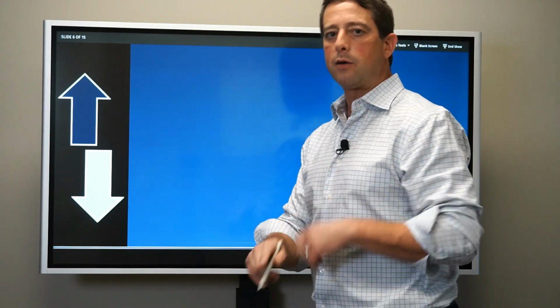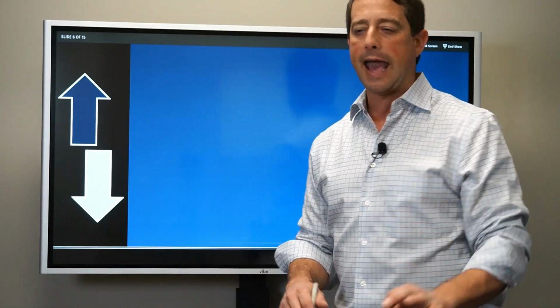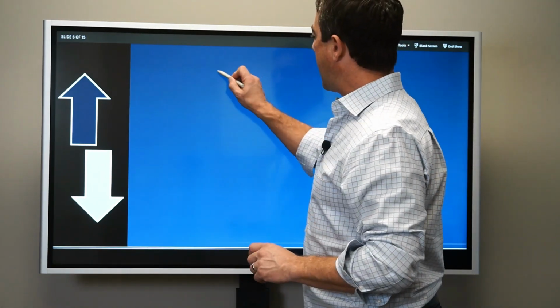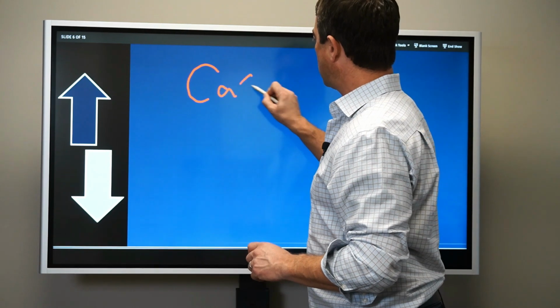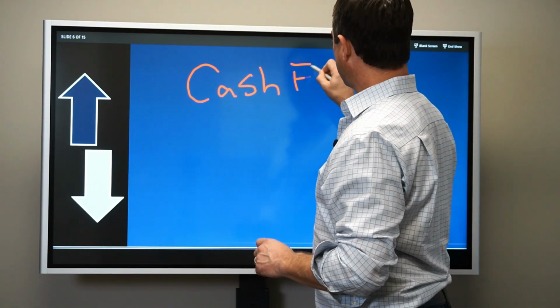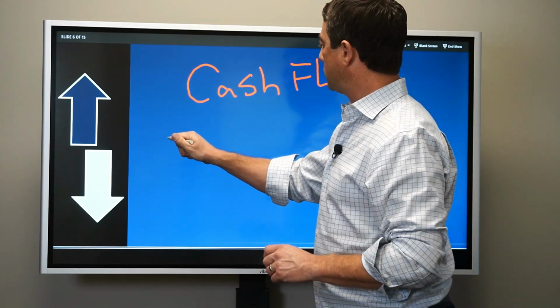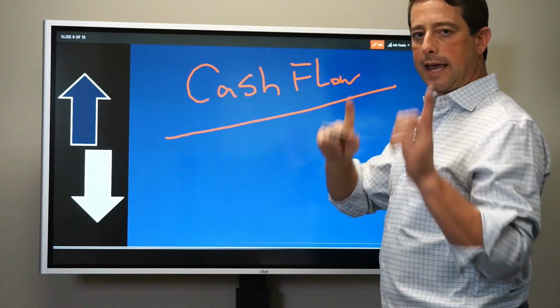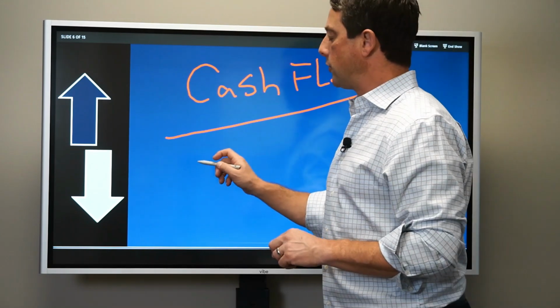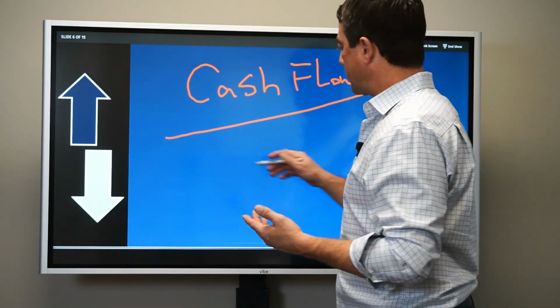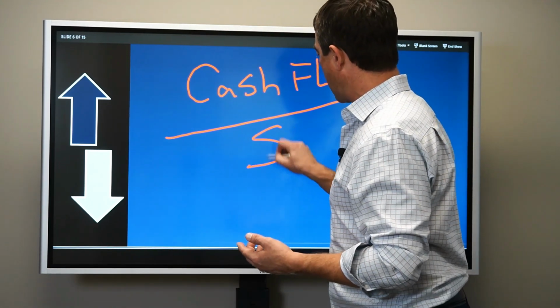What you want to do now is to calculate cash on cash. So we would take cash flow, and from that we are going to divide by the cash invested. So this is going to be all cash invested, divided by your cash invested.